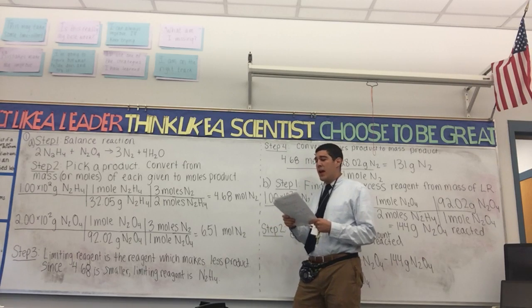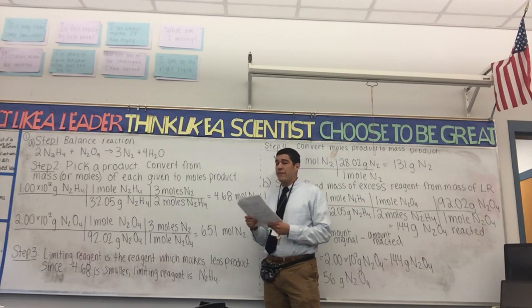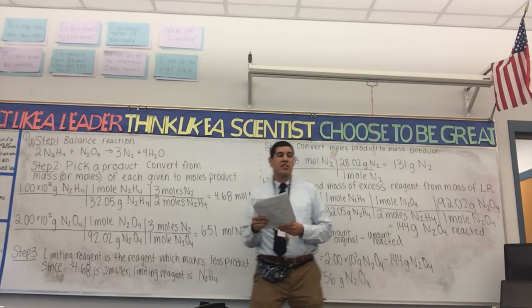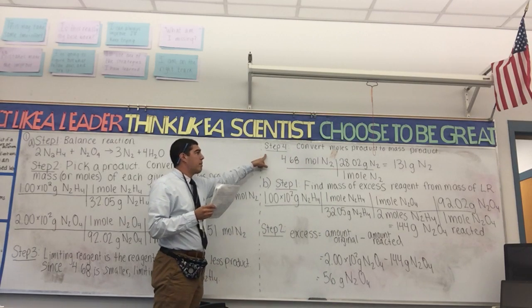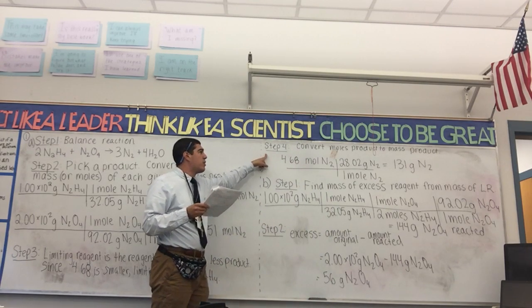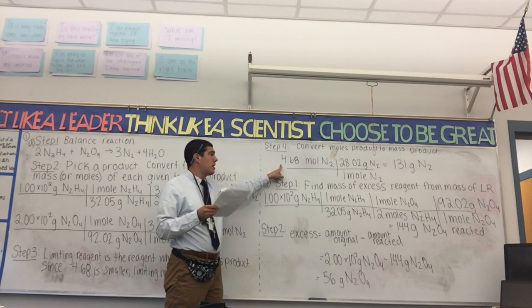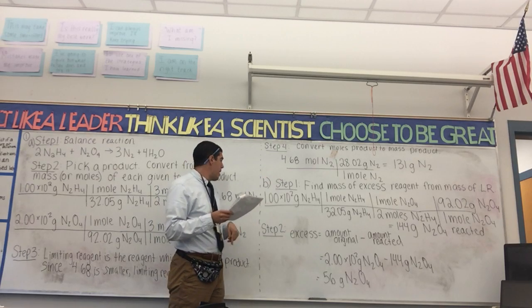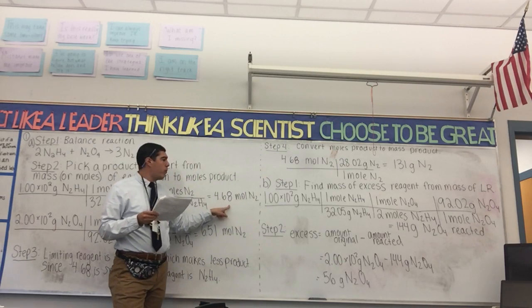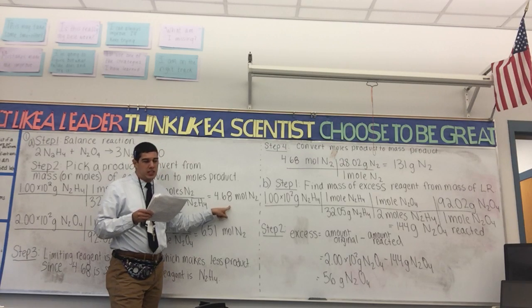Now, since the last step in part A needs you to find the grams of nitrogen gas, step 4 in part A is to convert from the moles of product, which you just calculated, 4.68, to the mass of the product. Now remember, we use 4.68 since that came from the limiting reagent.